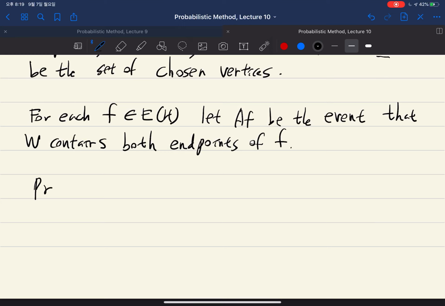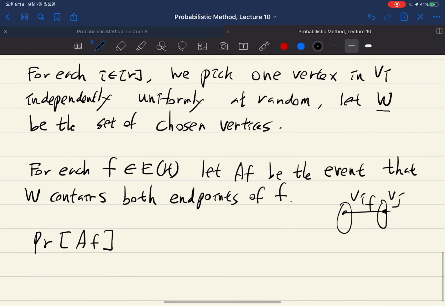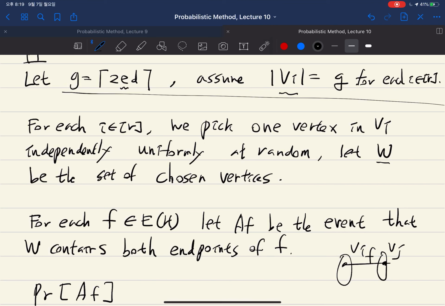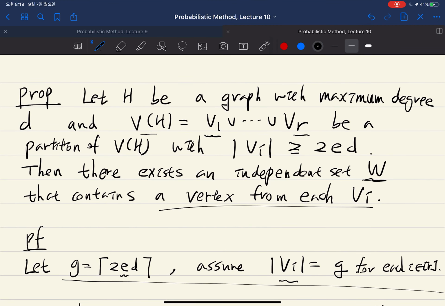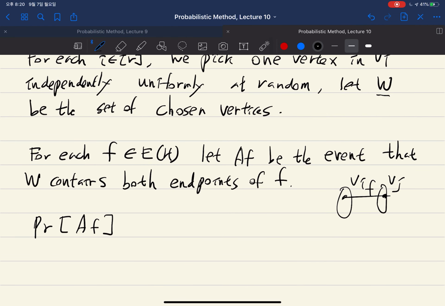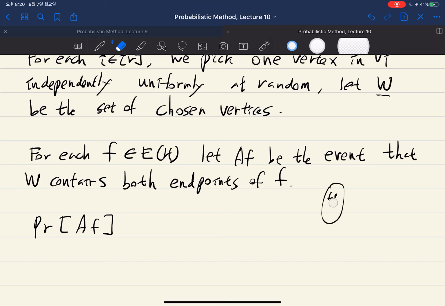Then what's the probability of A_f, the bad event? You have Vi and Vj, and some edge f. We choose one from here and one from here. So any edge which lies inside of one Vi is never chosen. So if we have an f here, it's never included in W, so we don't have to worry.